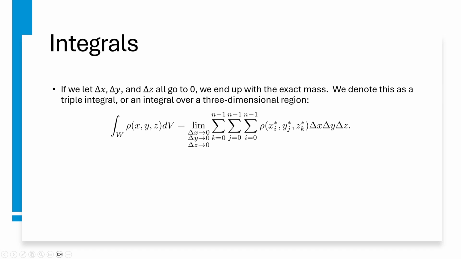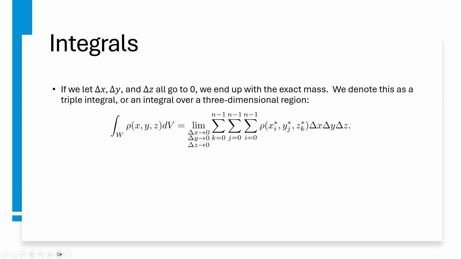When I add the sums on, I'm adding up all of those approximate masses. And then this limit is saying let those boxes get smaller and smaller and smaller. And so this thing here will give me my exact mass. And we denote this thing, this giant mess on the right-hand side, that's how we define this integral on the left-hand side. So we don't know what this thing is until we know this. So this over here is equal to this.